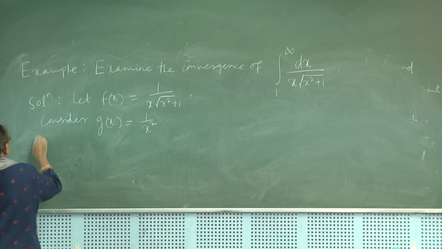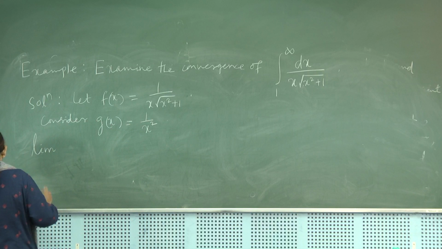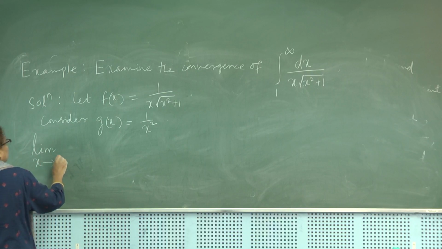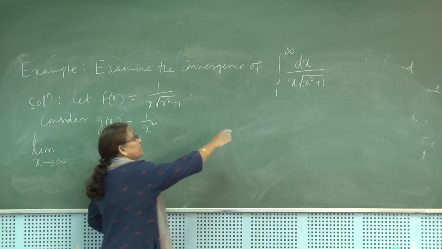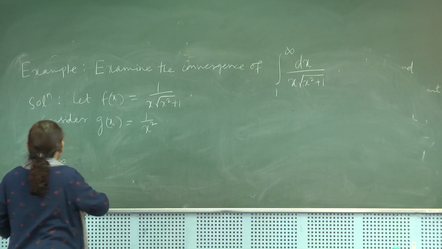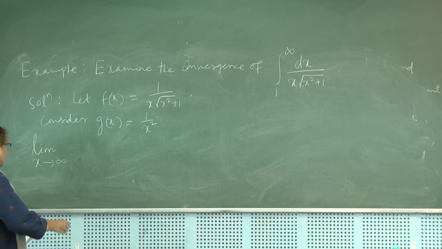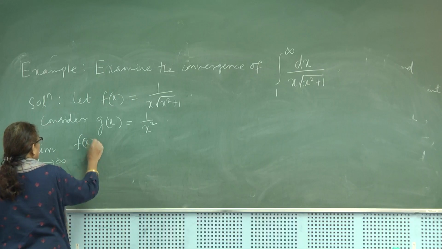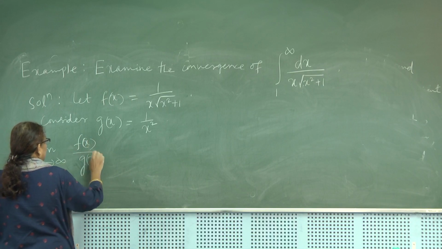Well, then you take that limiting value, limit x tends to infinity, since this is a type 1 improper integral. Therefore, we are taking this limit x tends to infinity of f x by g x.